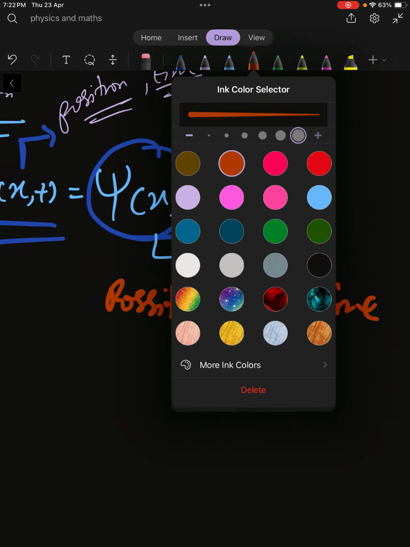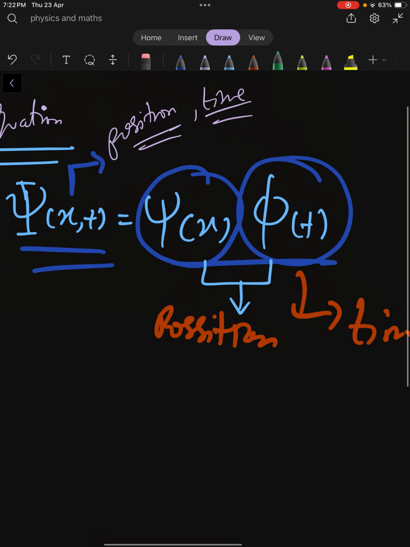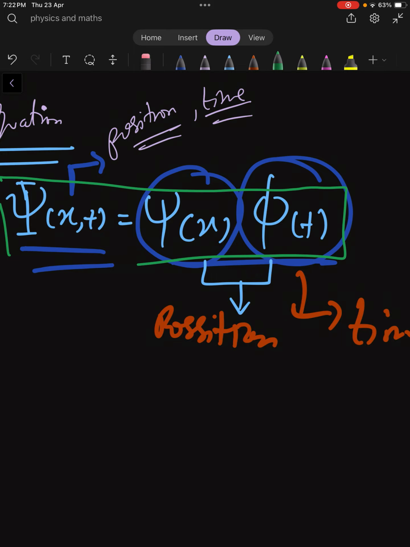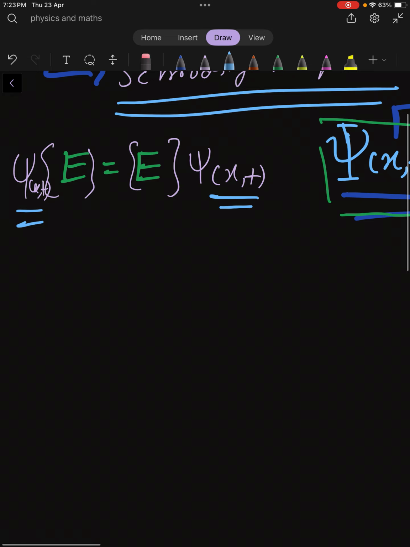Now later on we will talk about why this equation is also an important part of what we will be talking about. When we try to derive this equation, wait, sorry, not this E. This is H actually.